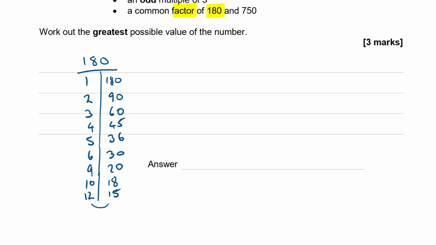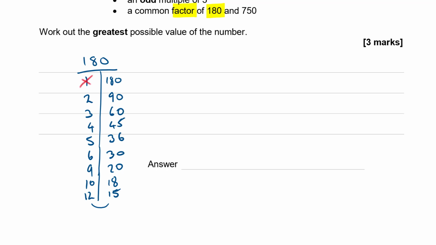Okay, so I suppose we want to rule out any ones that are not odd multiples of 3, because they aren't meeting the first condition. So I'm going to scratch out any that are not multiples of 3.